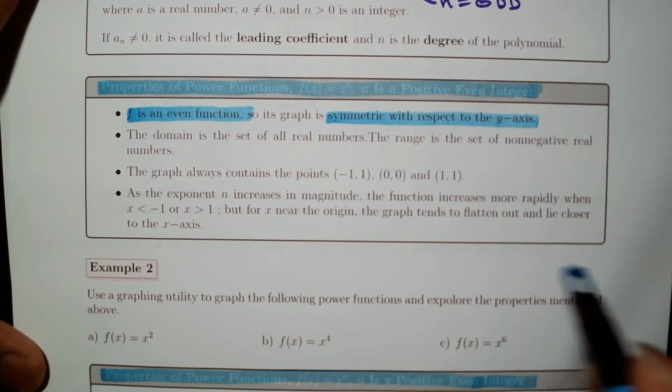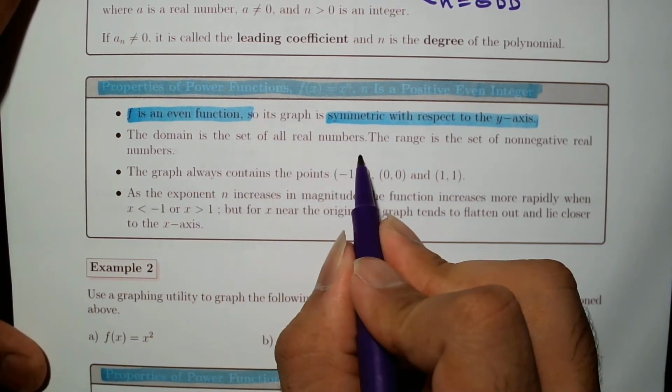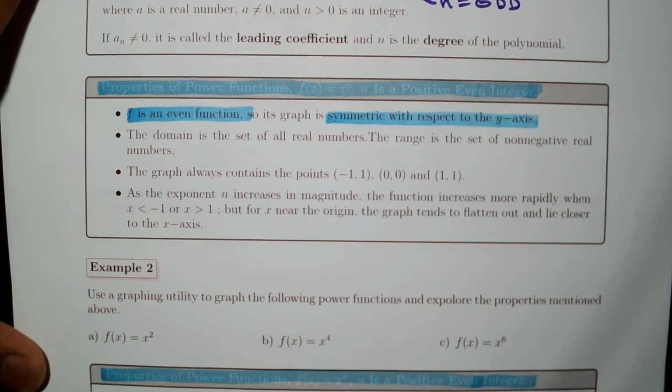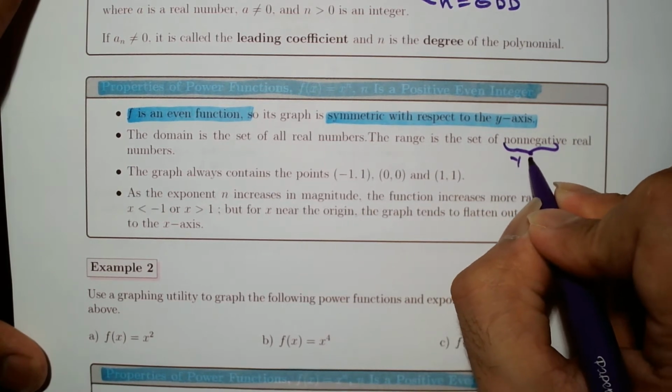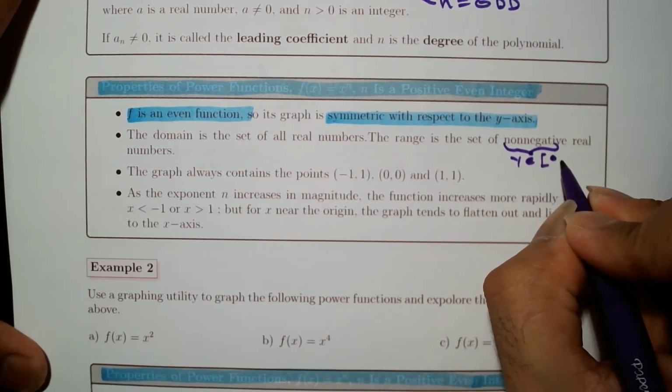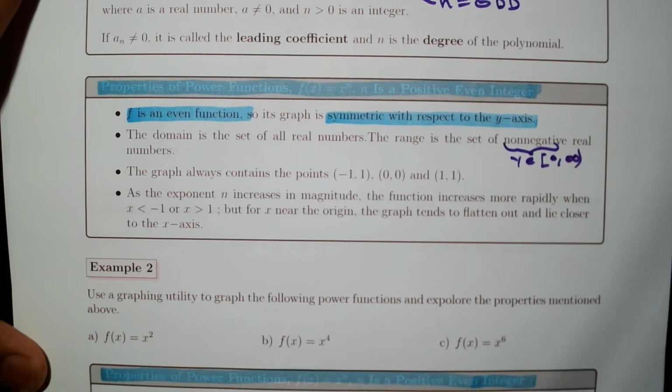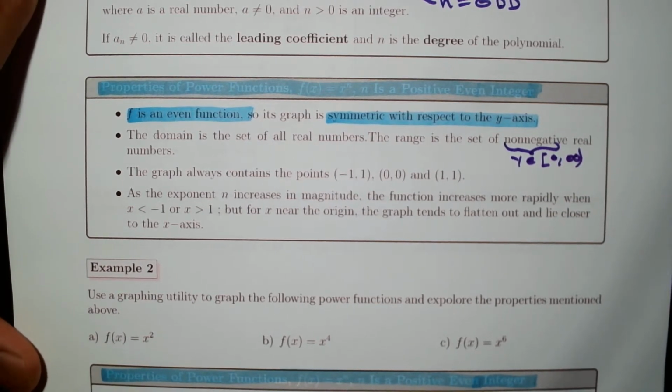The domain of these functions is all real numbers, and the range is the set of all non-negative real numbers. That is a fancy way to say y belongs to 0 all the way to infinity. Non-negative means all positive numbers including 0.